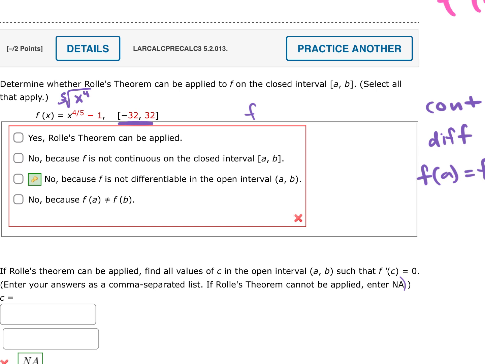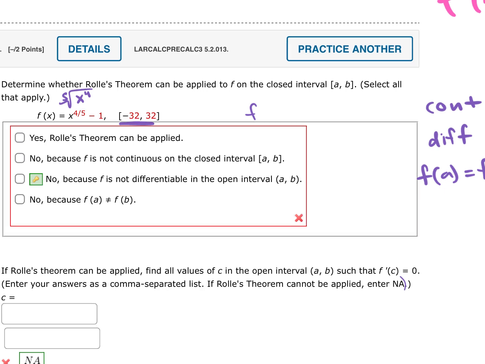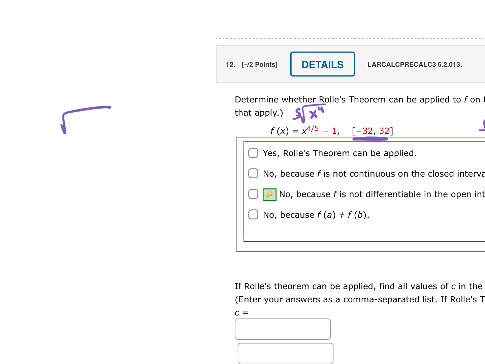If it's an odd index, you can take the 5th root of a negative. If you had something like the square root of x from -4 to 4, this would not be continuous because it doesn't exist if we plugged in -4. But the 5th root, you can take an odd index of a negative number.